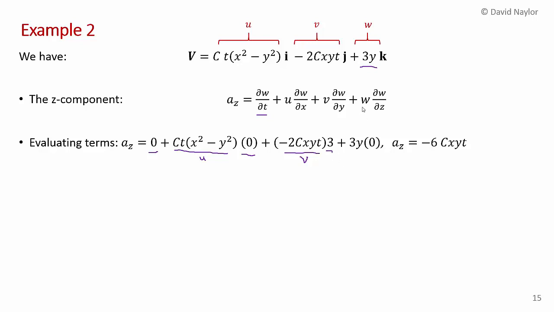And then w ∂w/∂z. Well, w is 3y, so it doesn't contain a z, so that's going to be just a constant, giving you a derivative of 0. And so this term and this term will vanish, and you only end up with minus 6cyxt. So now you've got the x, the y, and the z components of acceleration.